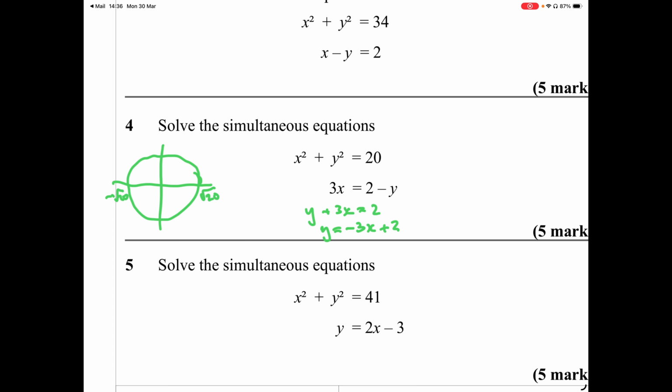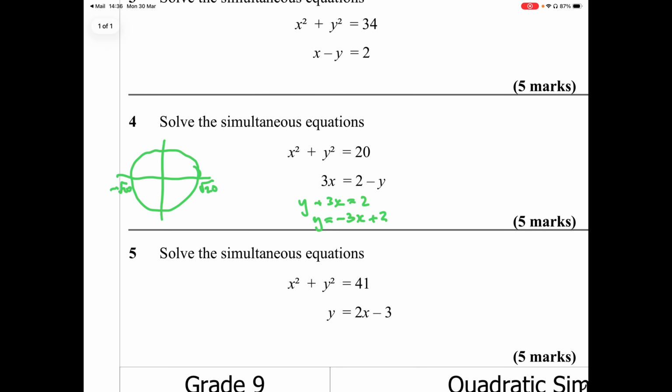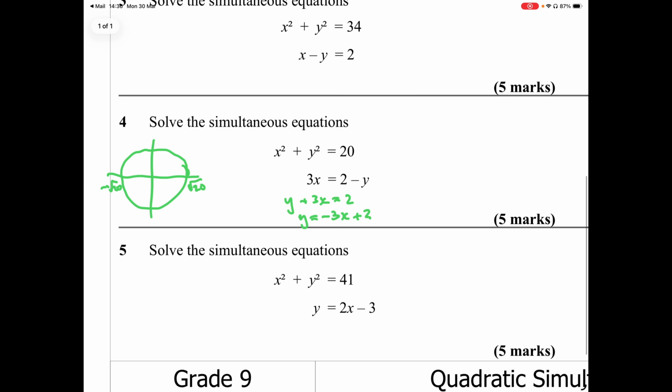So we know it goes through 2 and goes down like that. So our answers are expected to be there and there-ish.